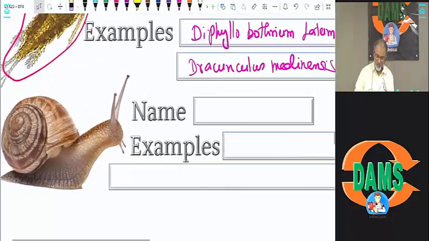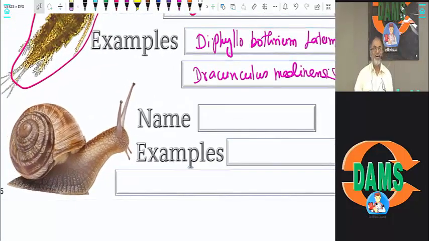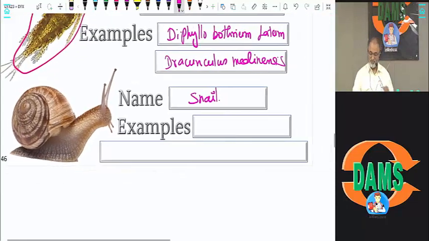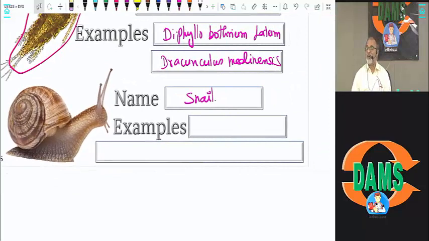What is this? Everybody knows. Yeah, snail. Snail is an intermediate host, not a vector, slip of the tongue.